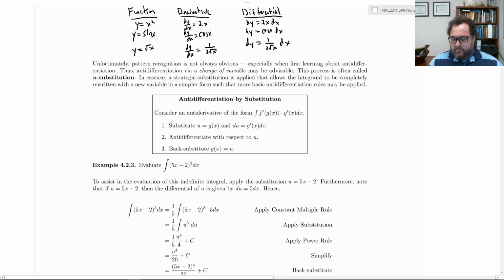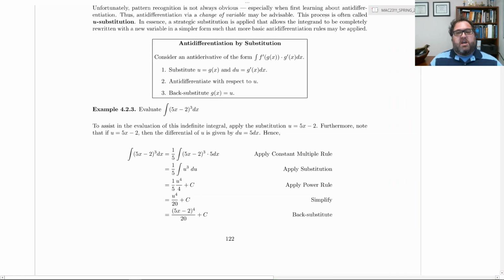Okay. Now let's look at this thing called change of variable, u substitution. A lot of times we call it u sub for short. Here's what you do.